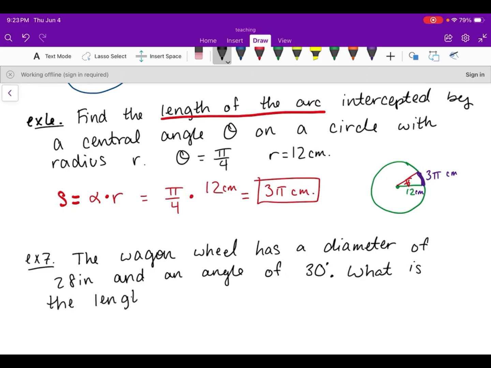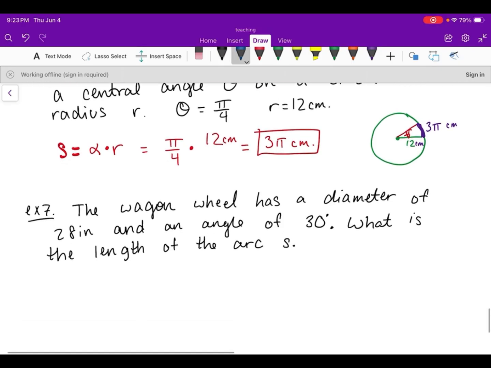What is the length of the arc S? So again, I'm looking for that arc length, so I'm given my formula, S equals my angle times my radius.